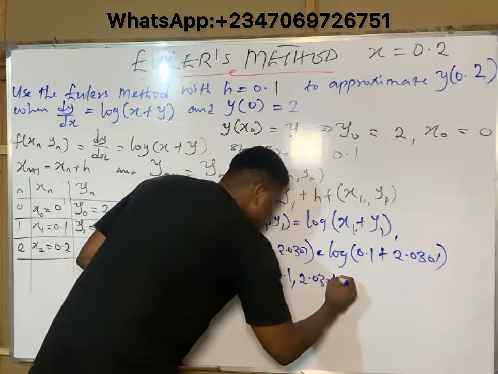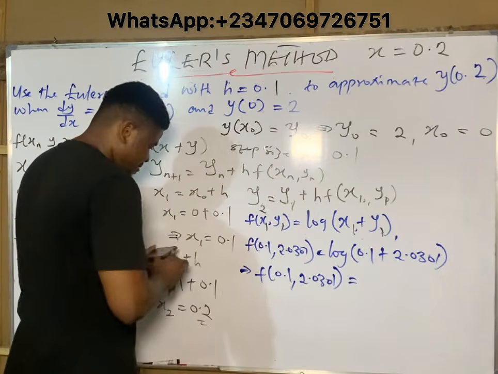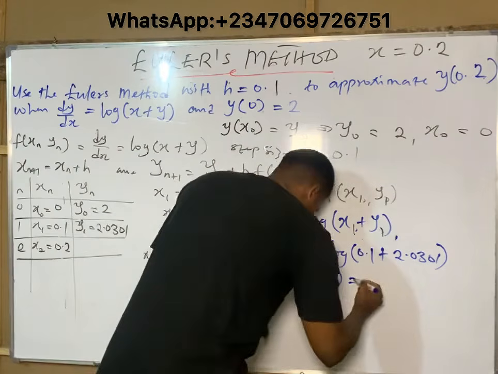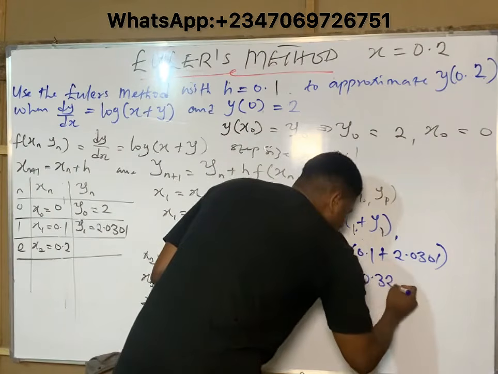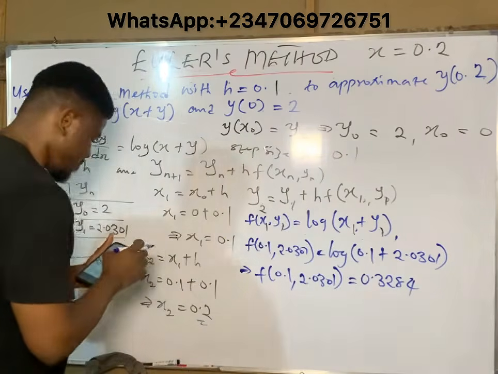So I will simply evaluate everything together. So this gives me 0.3284. Okay, so always take it to 4 decimal places.